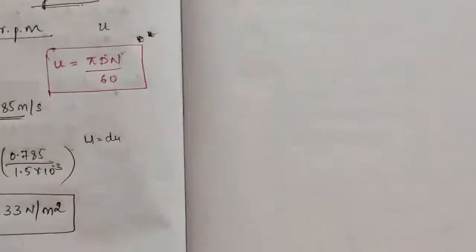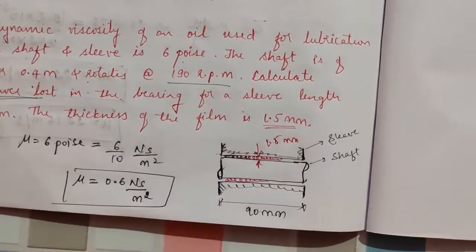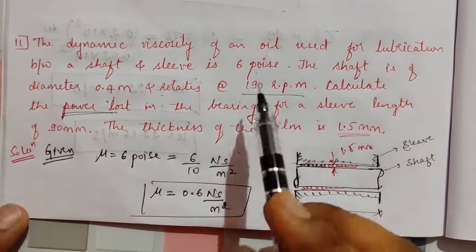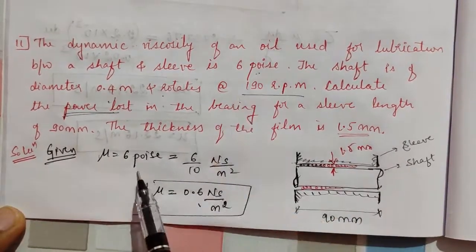So I'll take it to the next page. Just note down the question, or take a screenshot and then note down. I noted down the poise value.